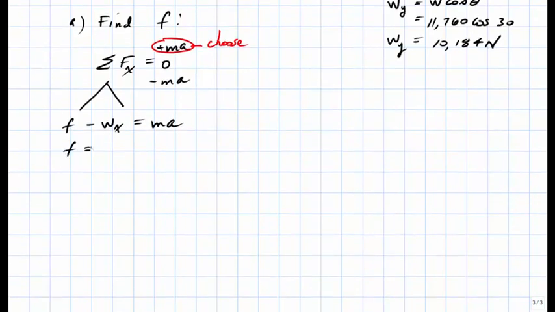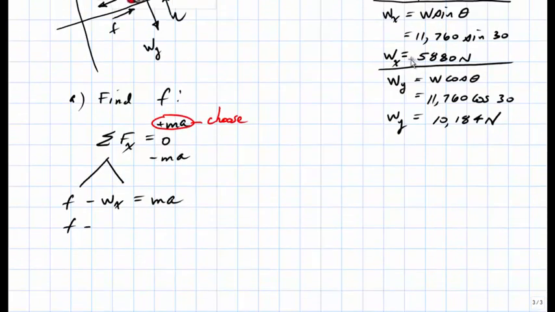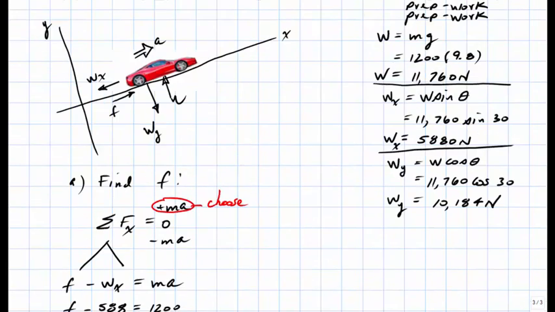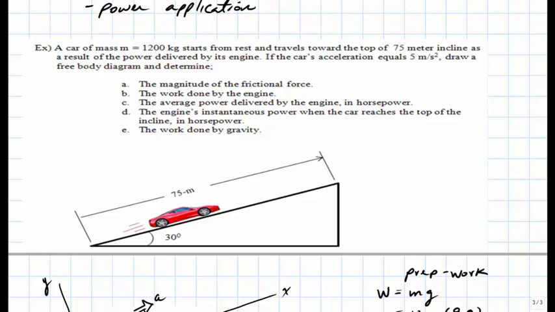Now Wx was calculated earlier, right? Here's Wx, the value is 5880. The mass of the car was 1200, and the acceleration was also given within the problem, here it is, as 5 meters per second squared.